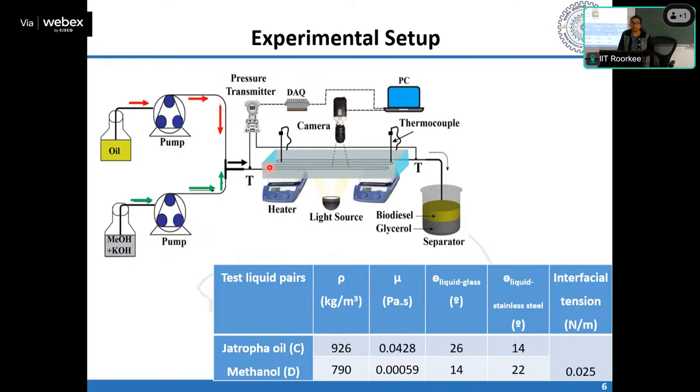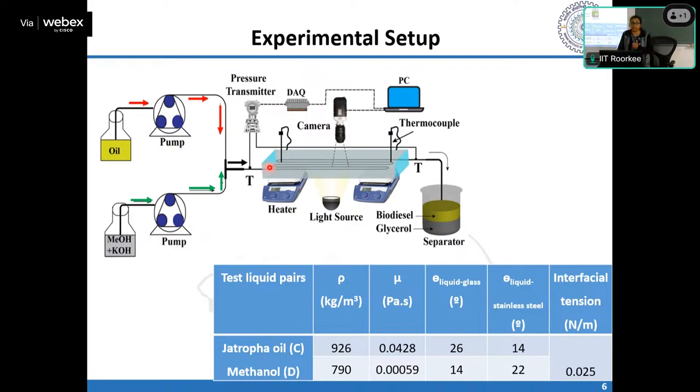So generally three methods are reported. You can try something else also. What is the idea? The idea is how to create a local turbulence in your channel, in your reactor, so that further enhancement of the transfer rate can be achieved. So how to create the local turbulence? You can use a change in direction for the flow.